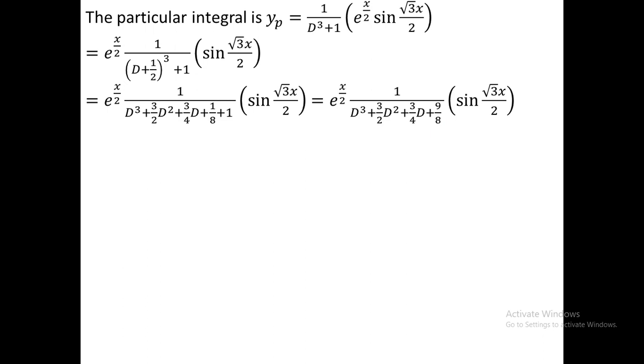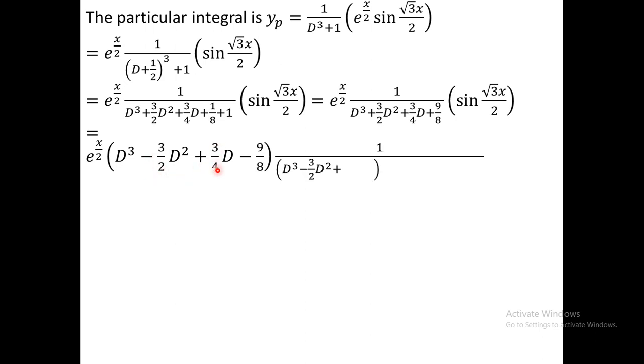You see that here is a sine function, it is in the form sin alpha x. So when the function is of this form, at first you have to see whether this is a function of D square or not. Here it is not directly a function of D square, so you have to make it a function of D square. For this purpose we multiply a factor in numerator as well as denominator, D cube minus 3 by 2 D square plus 3 by 4 D minus 9 by 8.